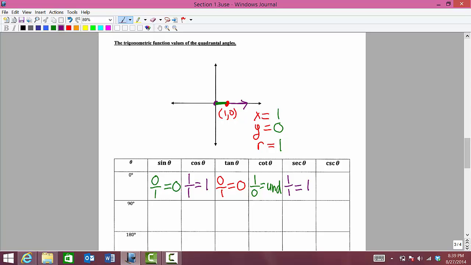And we see that 1, of course, is the reciprocal of 1, so that makes sense. What do you guess that cosecant would be? If cosecant is the reciprocal of sine, and the sine value is 0, the reciprocal of 0 would be undefined. So let's see if that turns out like we expected. Cosecant is r divided by y, and r divided by y would give us an undefined value.